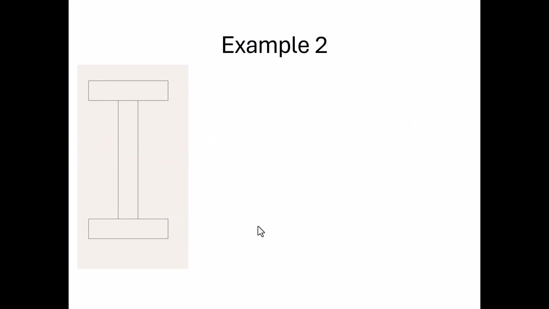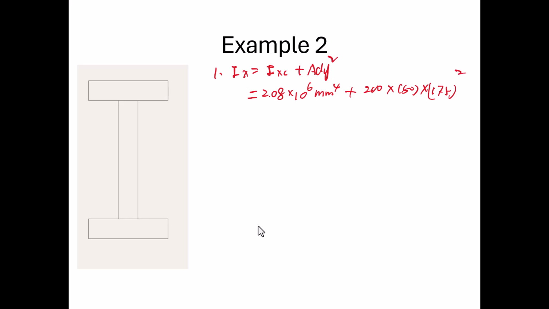Then let's use the parallel axis theorem. Ix equals, for the first, okay, it becomes this. For the second one, the dy is 0, so it's just equal to Ixc, okay.